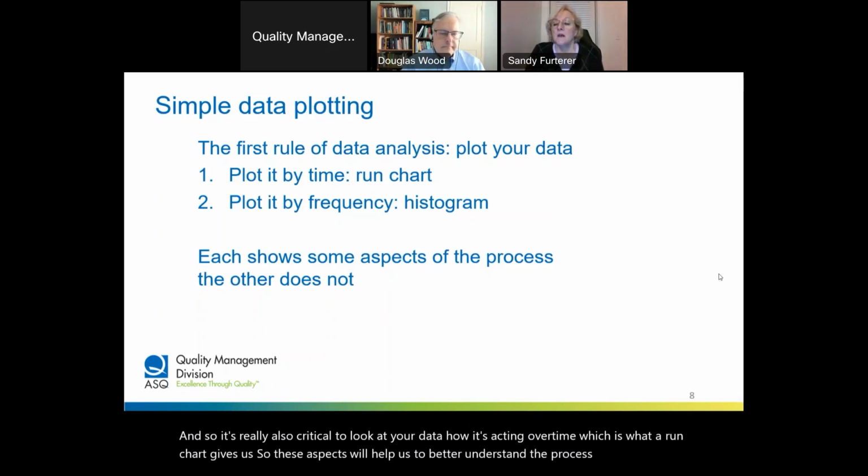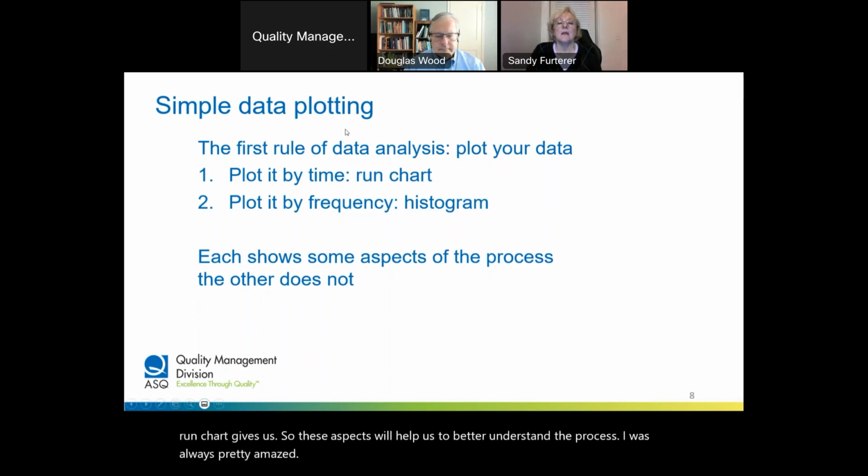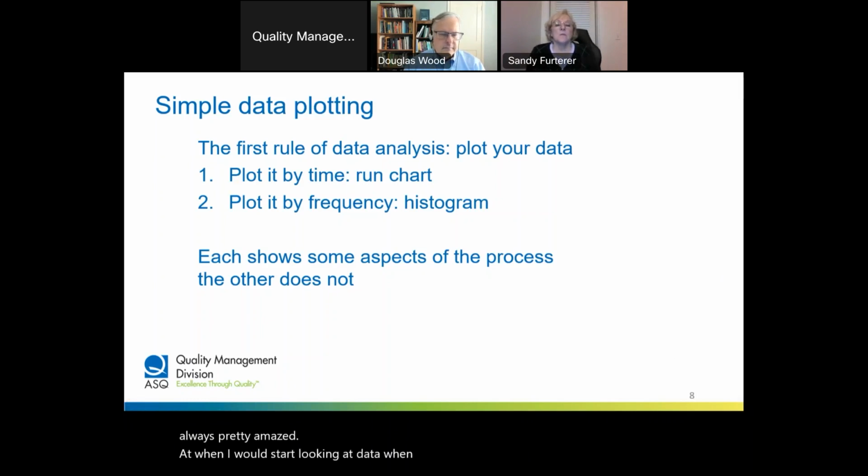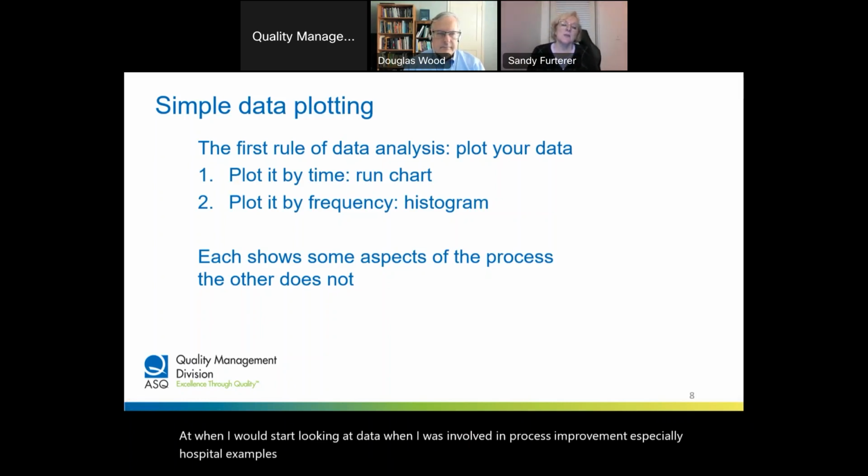I was always pretty amazed when I would start looking at data when I was involved in process improvement, especially hospital examples stick in my mind because they really do have a lot of data, but it's a lot of not connected data.